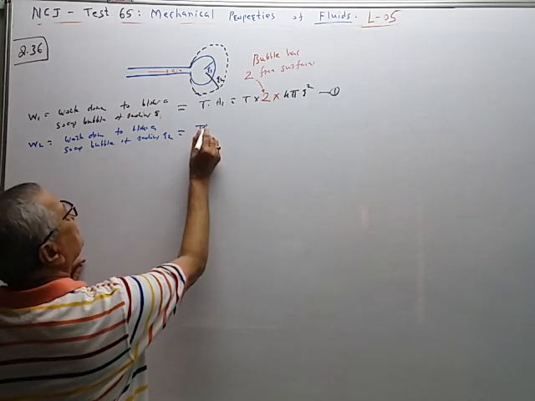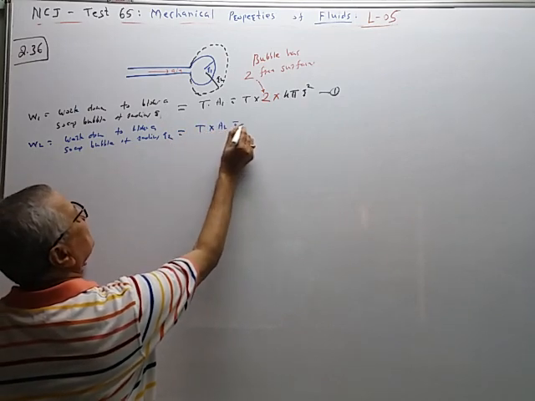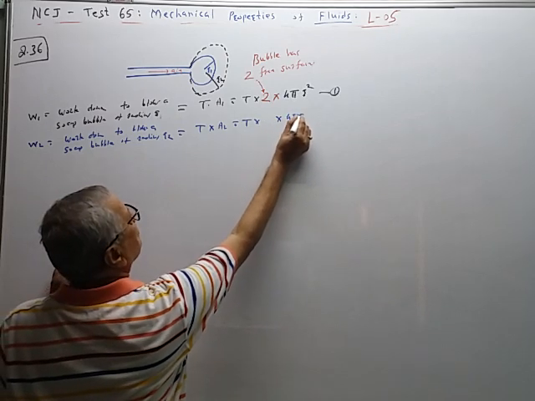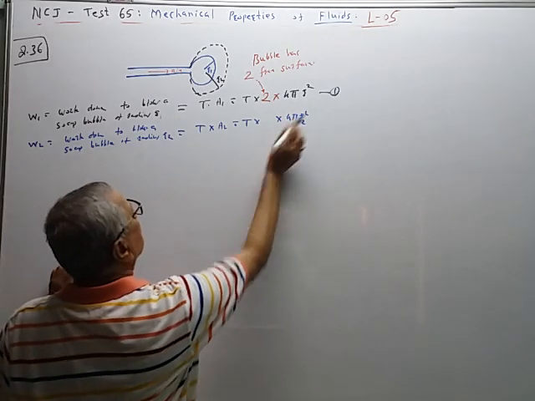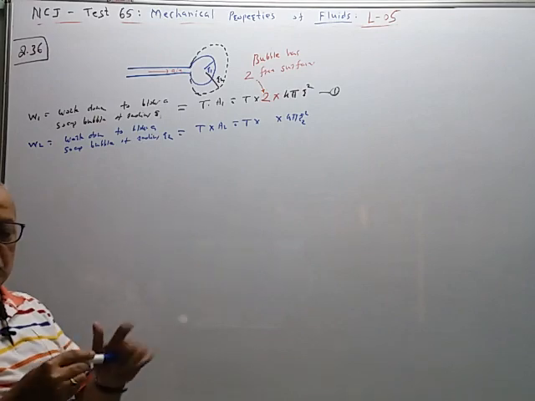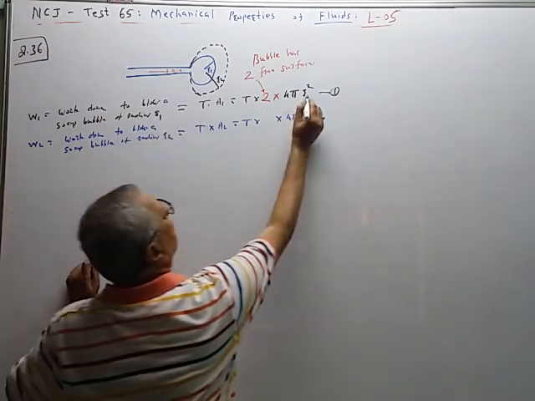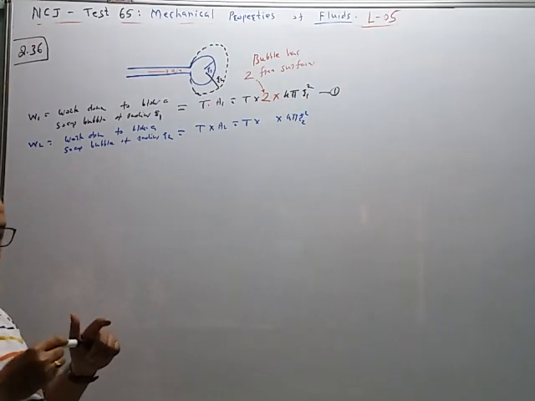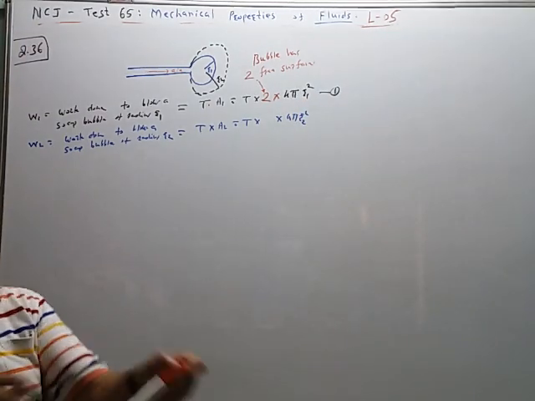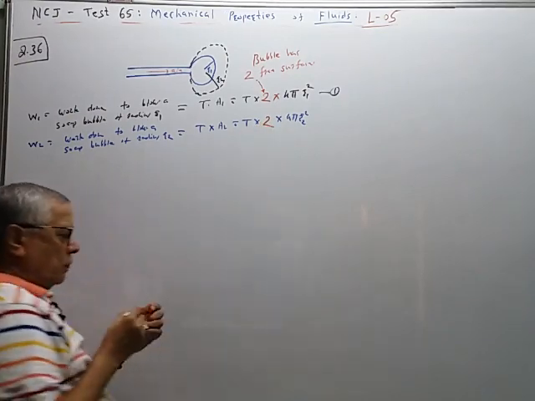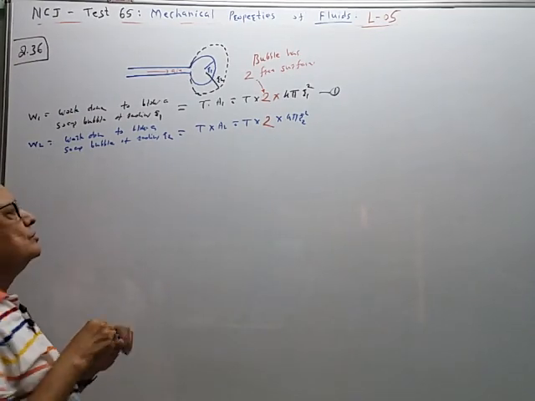So it is equal to T multiplied by A2, which is T multiplied by 2 into 4 pi R2 square. This is R1, this is R1 square. And again, the bubble has two free surfaces. So this is equation second.